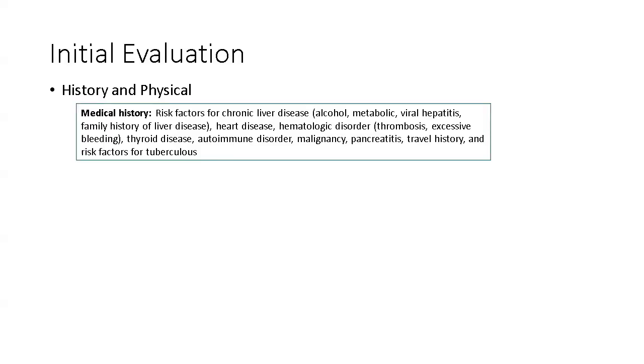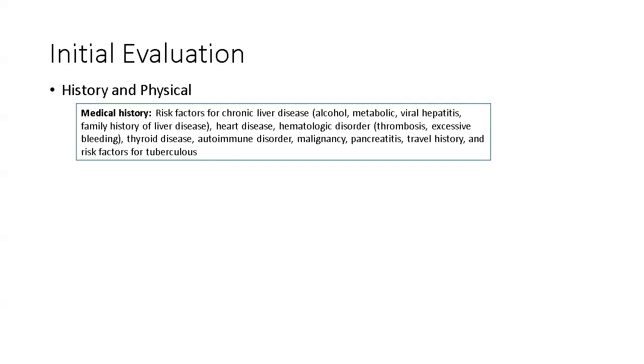Okay, so when you have somebody who walks into the emergency room and has ascites, these are the things that you should go down the path of. History and physical. So as far as when you're talking to the patient, you're going to ask them about risk of chronic liver disease. Do they have a lot of alcohol intake? History of metabolic abnormalities.